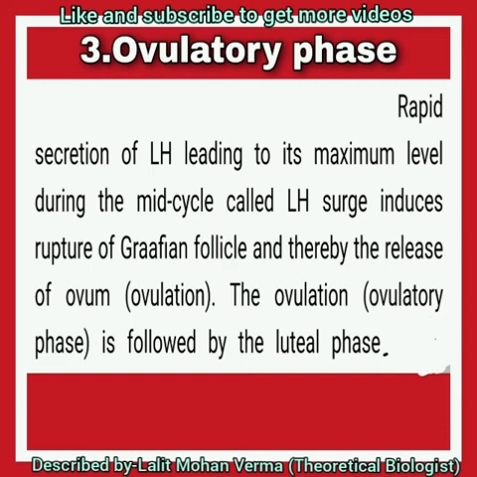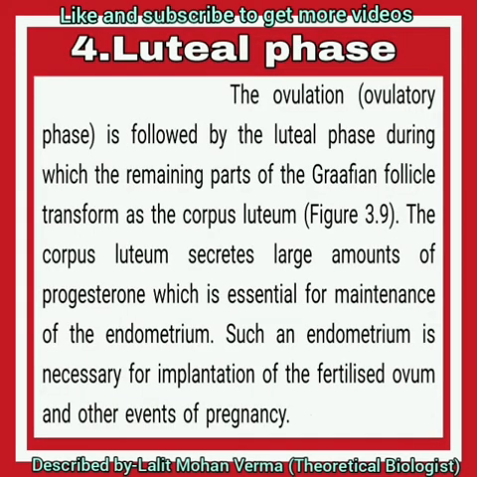So now the fourth one is the luteal phase. The ovulation is followed by the luteal phase, during which the remaining part of the Graafian follicle transforms into the corpus luteum. You can see in the figure which I have discussed earlier.